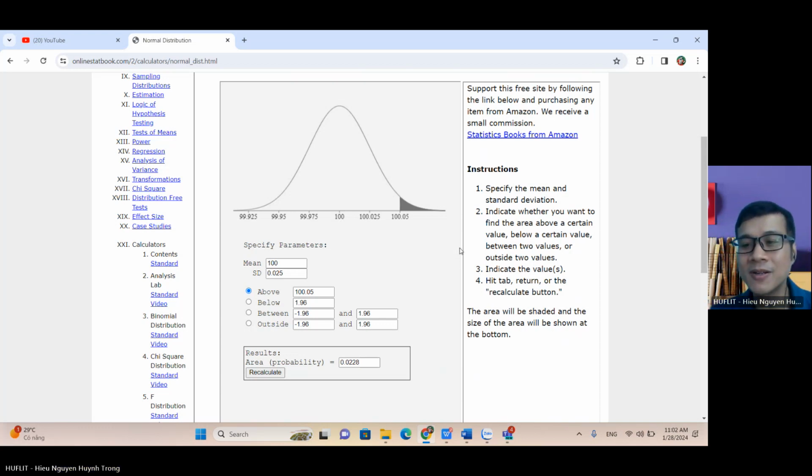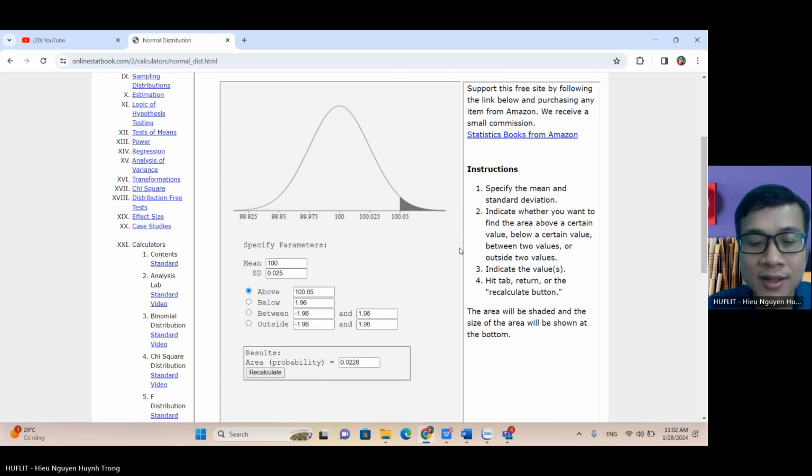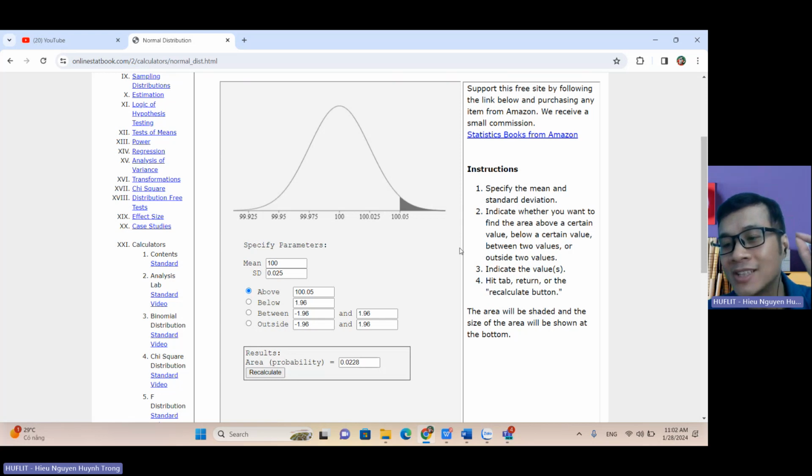Remember that this page is only for the bell-shaped or symmetric distribution. If your distribution is skewed or in another shape, then this web address doesn't work. However, it needs to meet one necessary criterion: your distribution has to be the bell curve.